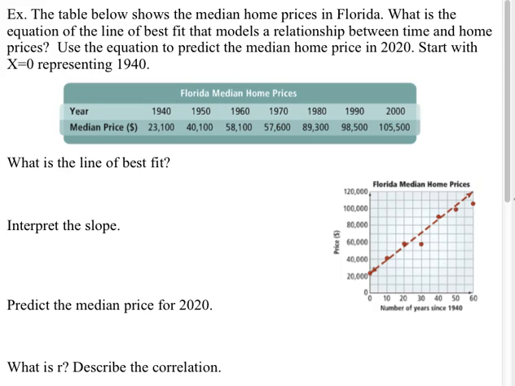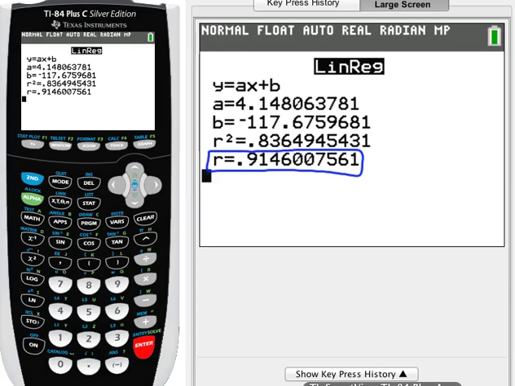What that last bit means is that instead of using 1940, 1950, 1960, they're saying use an x of 0, then 10 years later, 20 years later, 30, 40, 50, 60 years later. So the year is my x, median price is my y.